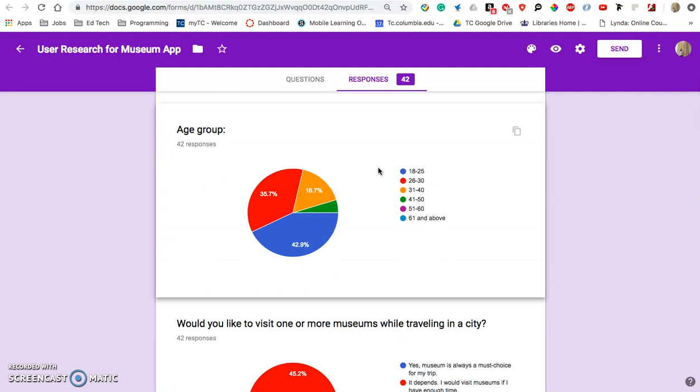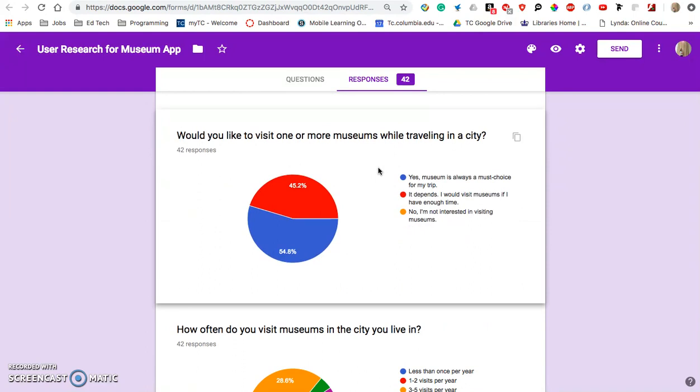In terms of the age group, since I've targeted my audience to adult learners and adult users, I created choices starting from 18 years old, and you can see most of my participants are between 18 and 30 years old, which is a pretty young group.